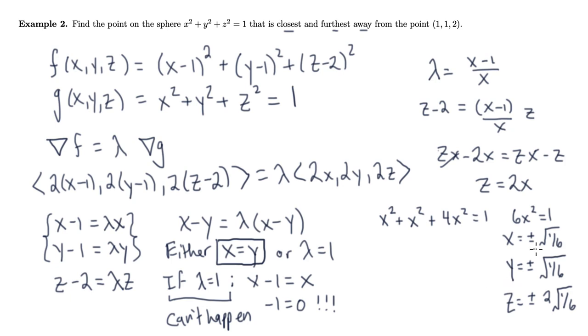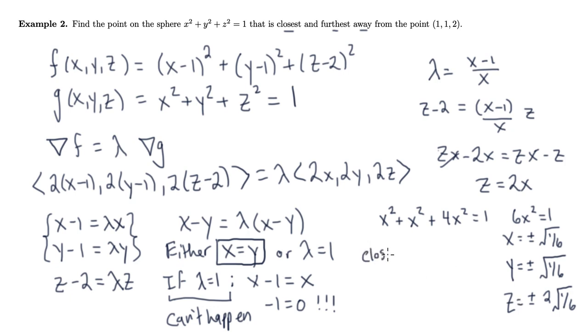All right, and so notice that if x is plus the square root of 1/6, y will be plus the square root of 1/6, and z is plus 2 times the square root of 1/6. And so the closest point to this point (1, 1, 2) is going to be the positive solution.